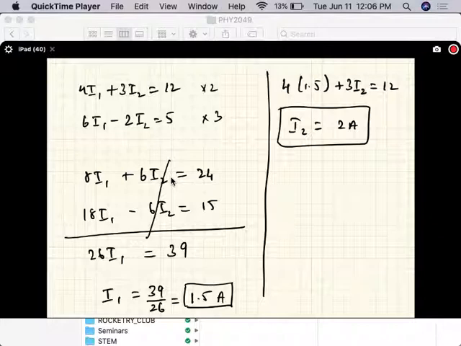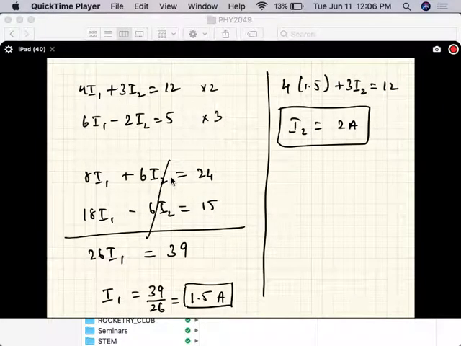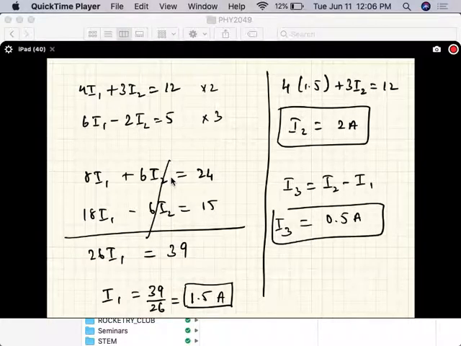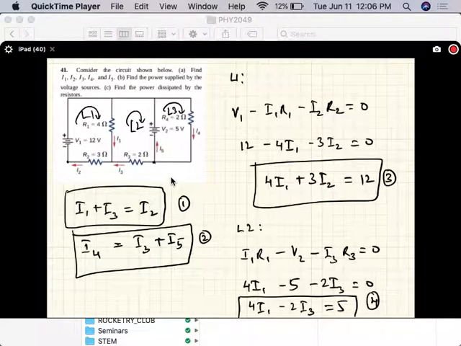Okay, and now we have I1 and I2. We need to solve for I3. I3 is I2 minus I1, which is 0.5 amps. Okay, and then we already have I4.